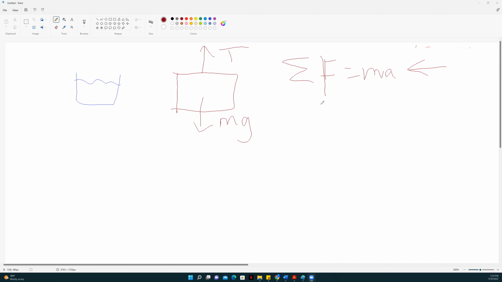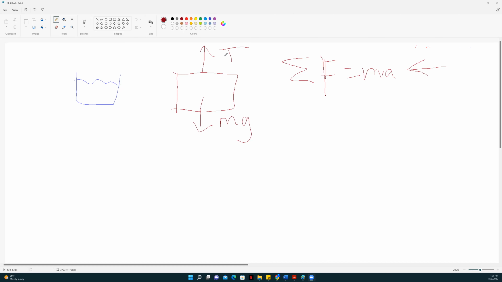And then this equation over here, the handwriting isn't the best, but sigma F equals ma, that's the sum of all forces equals mass times acceleration. So if the object is not accelerating, that means all the forces are balanced, which means the tension force pointing up and the gravitational force pointing down, one of those would be negative.